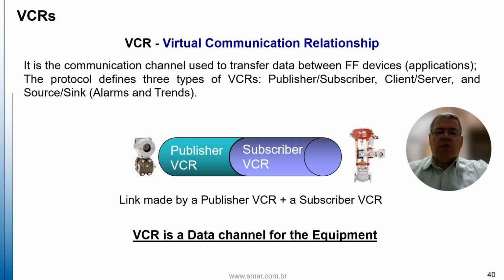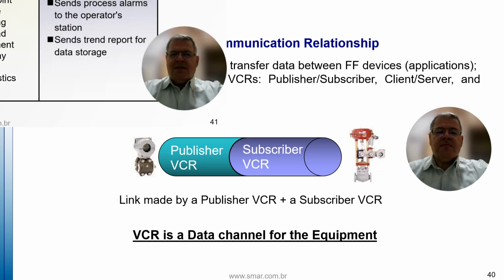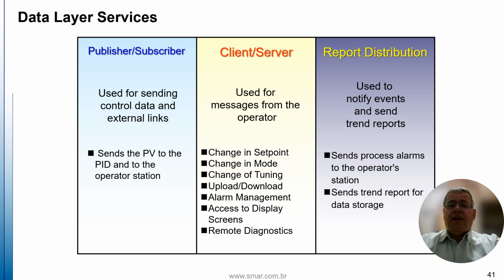The protocol defines 3 types of VCRs: publisher-subscriber, client-server, and source link, for monitoring alarms and analyzing trends. Thus, the VCR includes the publisher-subscriber, which is used for sending control data and external links. For example, sending the PV to a PID and to the operation station.